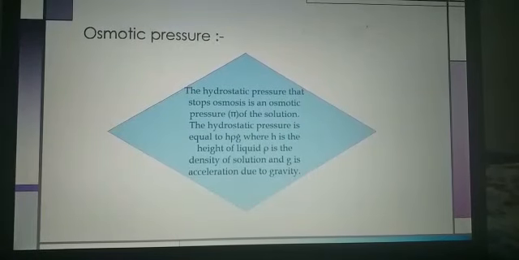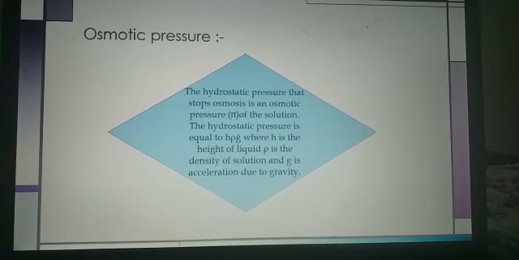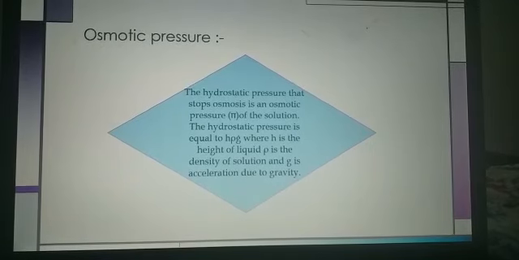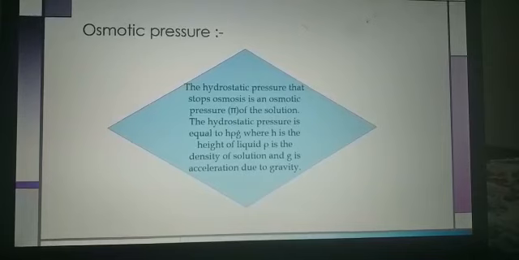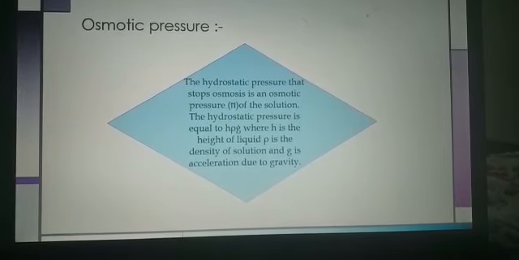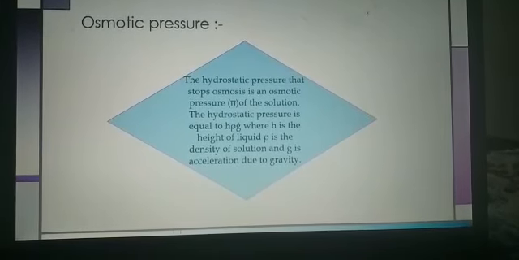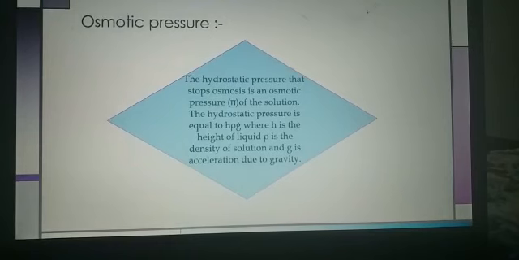So the osmotic pressure is the hydrostatic pressure that stops the osmosis. Now, as I just said, the osmotic pressure is indicated by the symbol π, and it is equal to hρg, where h is the height of the liquid, ρ is the density of the solution, and g is the acceleration due to gravity.